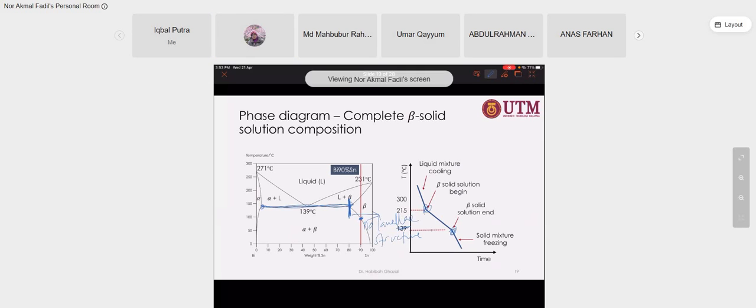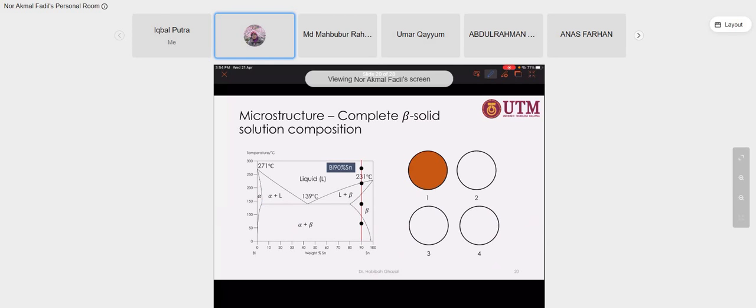The single solid solution is supposed to end at about 85 or 90 degrees Celsius, and then what happens is the formation of alpha. Similarly to the alloy that is lower than 5%, for example 2% just now.